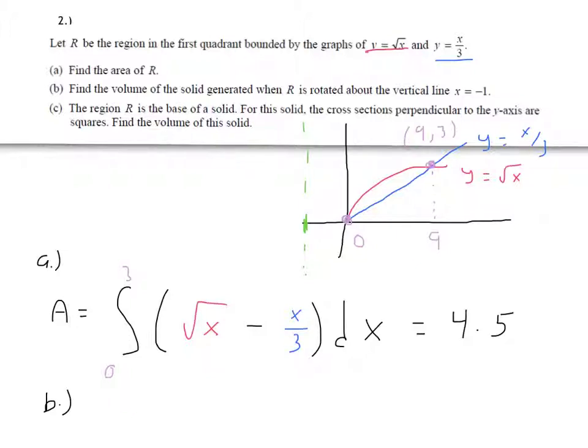So if I looked at this point 0, 0, and I were to reflect it over the line, knowing that I'm going to create a solid of revolution, it would be here. And this 9 would go, I don't know, somewhere over here. So those are where those 2 points would go.